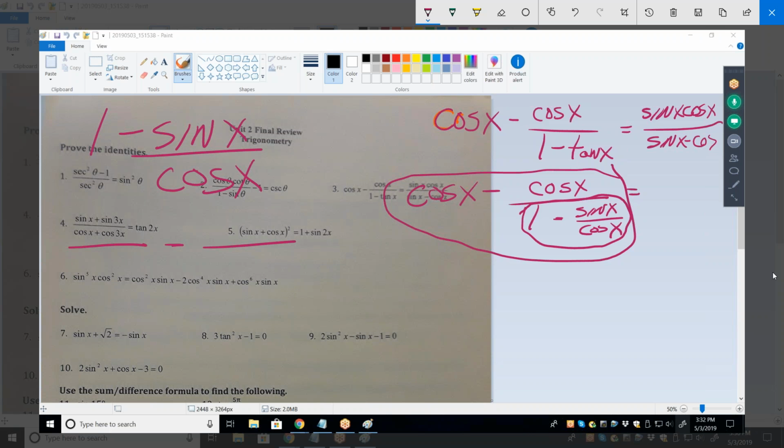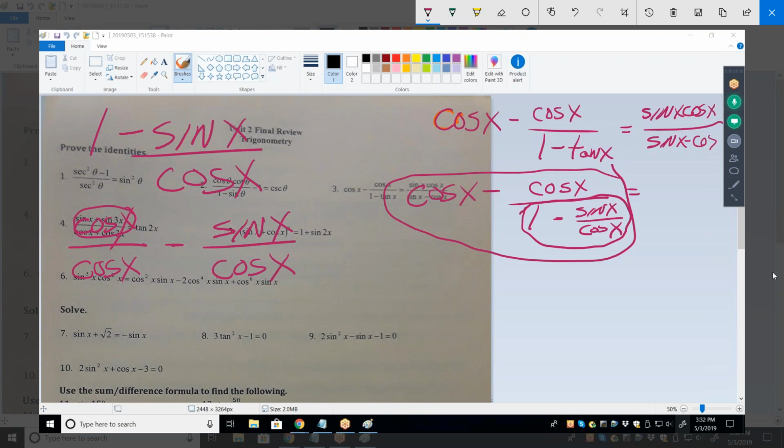When I do 1 minus sine x over cosine x, what's the common denominator? It's cosine x. That doesn't change. But what goes here? What's going to make that thing equal to 1? Cosine over cosine? Yeah.